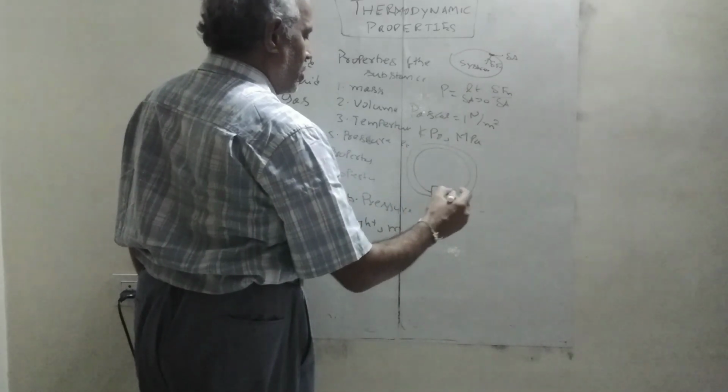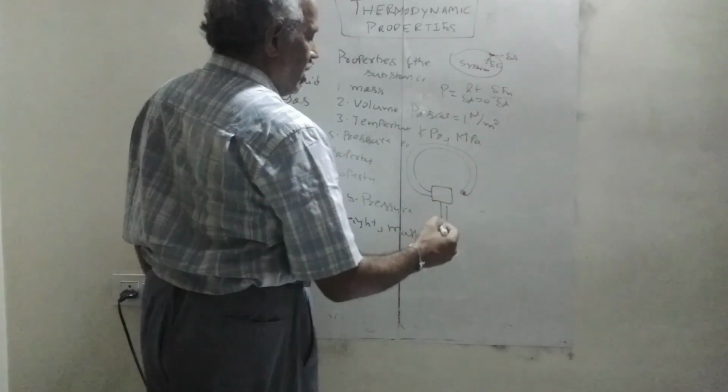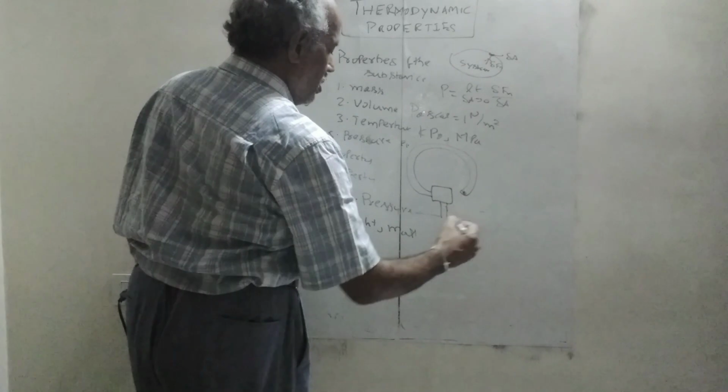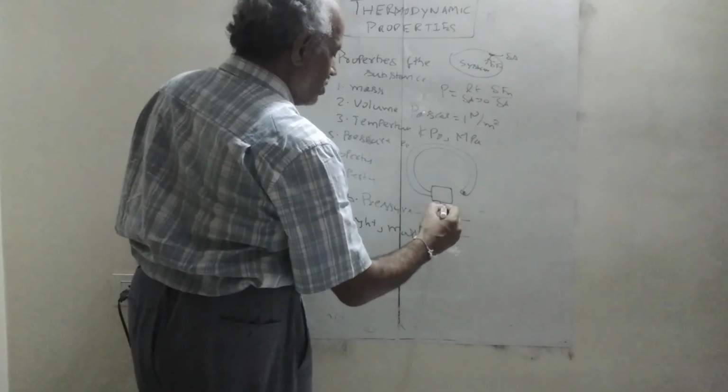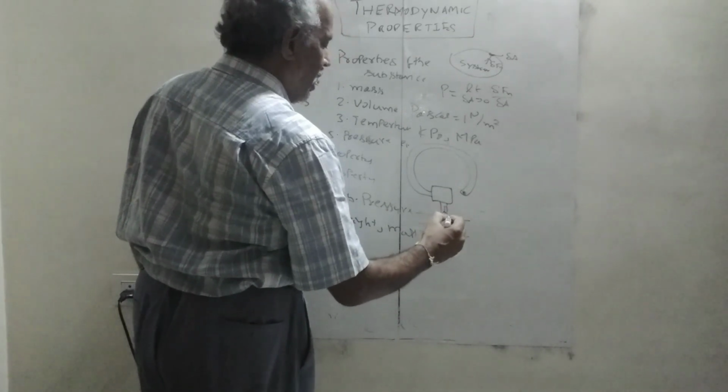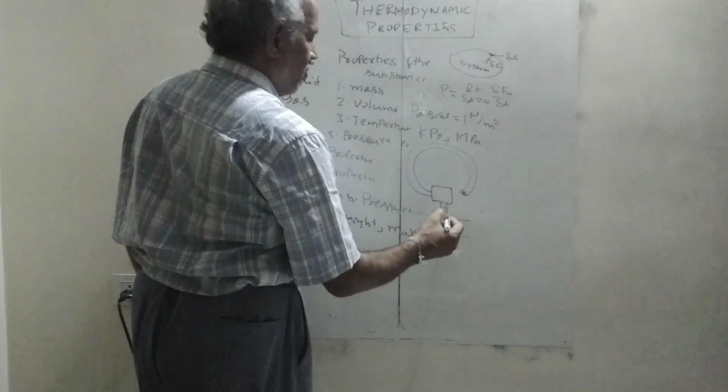This is a Bourdon tube, and some liquid is flowing. The Bourdon tube takes a small inlet, and the liquid will be inside.